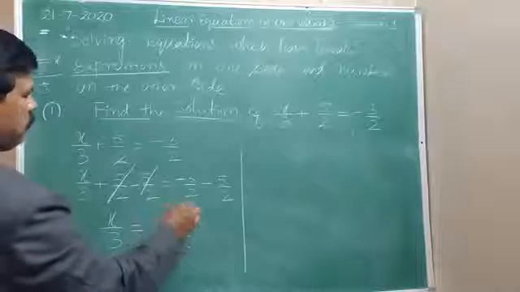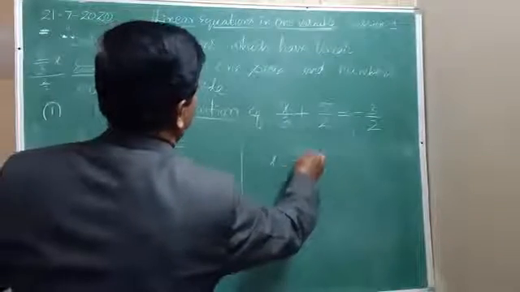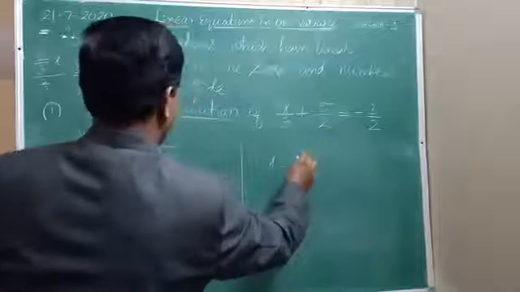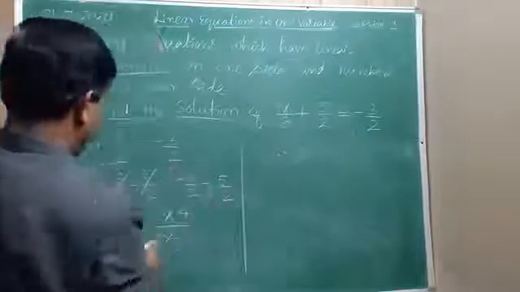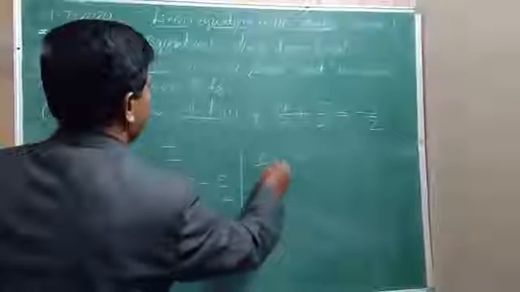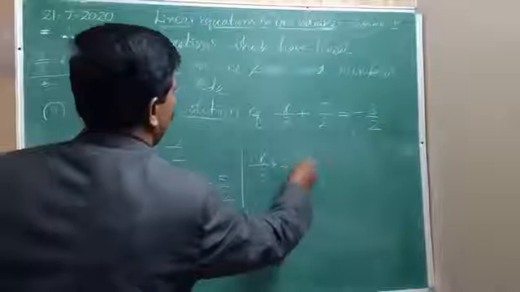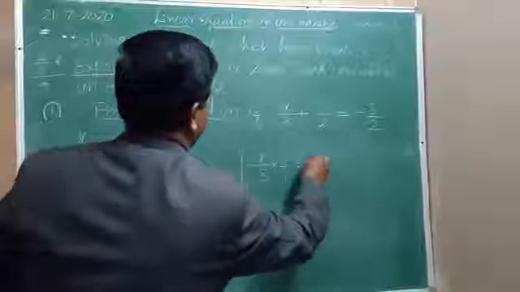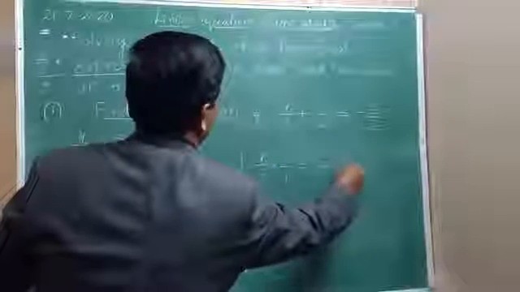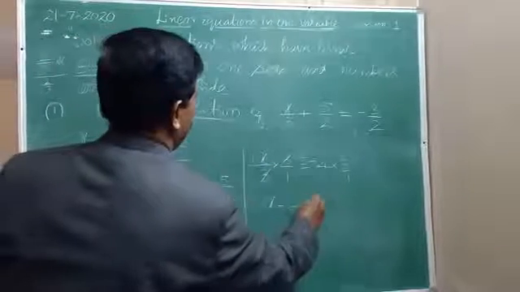So 2 1s are 2, 2 4s are 8. Therefore, x by 3 into 1 by 3, you make it 3 by 1, equals minus 4 into 3 by 1. The 3 gets cancelled. x is equal to minus 12.